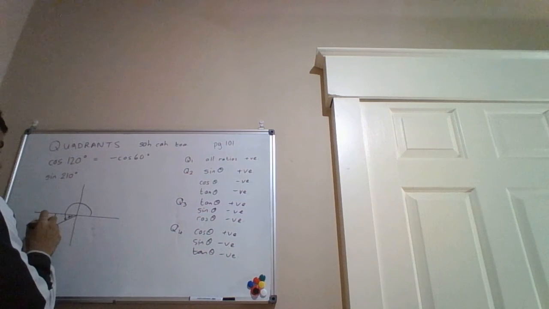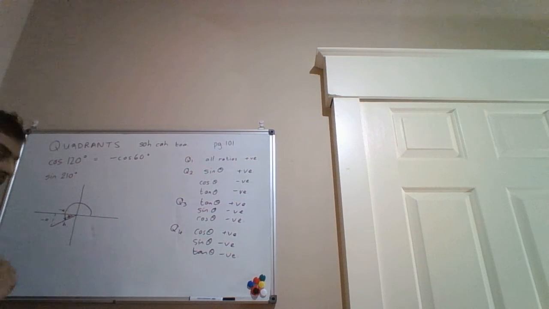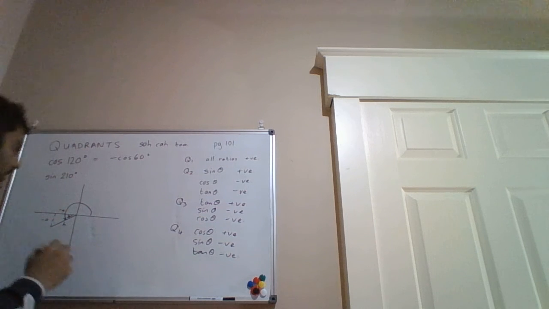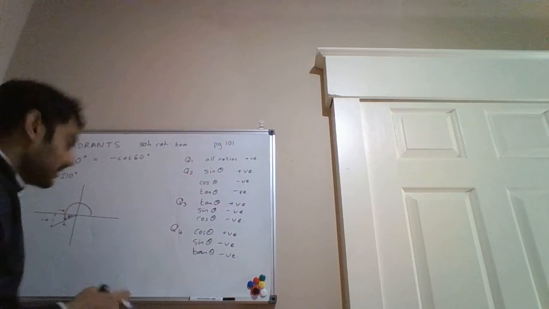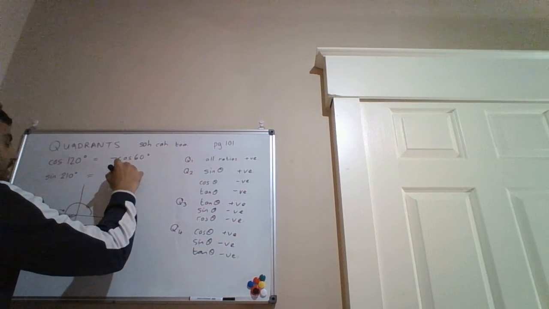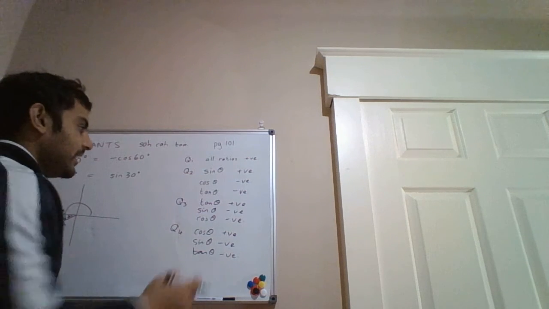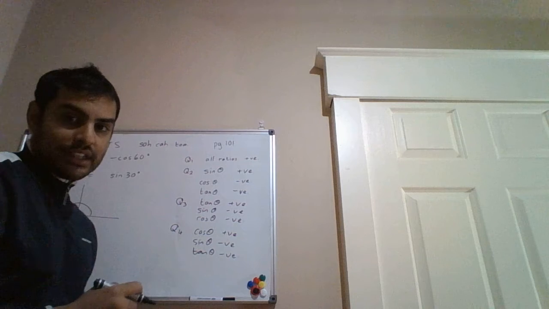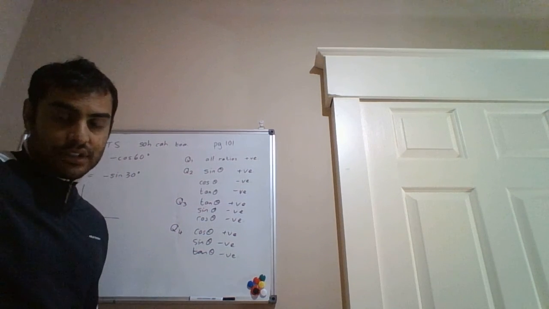We have our negative opposite, negative adjacent, hypotenuse. So when we relate this 210 to an acute angle, we're going to say it's the same as sine of 30 degrees, and in the third quadrant sine is negative, so we have to change the sign of our overall ratio.